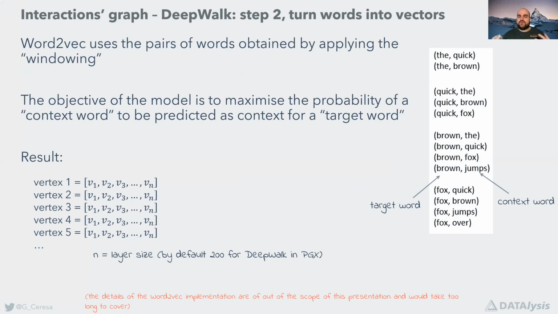So which word has more chances to be a context word for fox. And this is where the neural network jumps in and does a bunch of things. I really have no time to tell you how it works in detail because even Google will give you a lot of results about it. Word2Vec is not an Oracle thing, it's a common algorithm name, so you can easily find information about it.